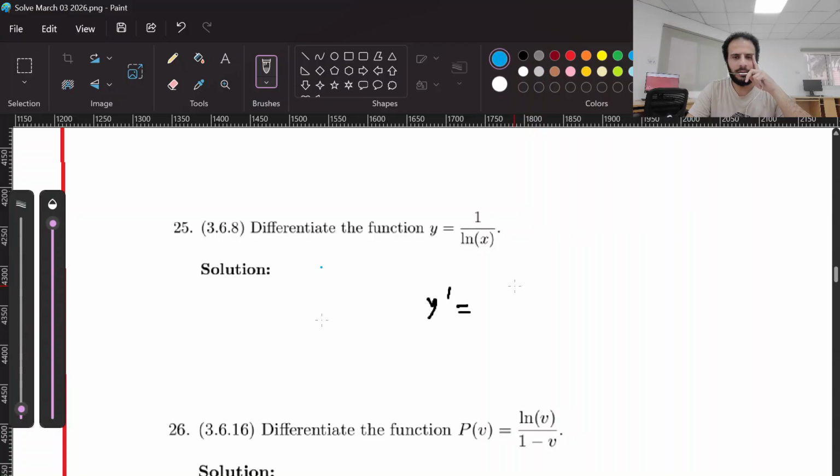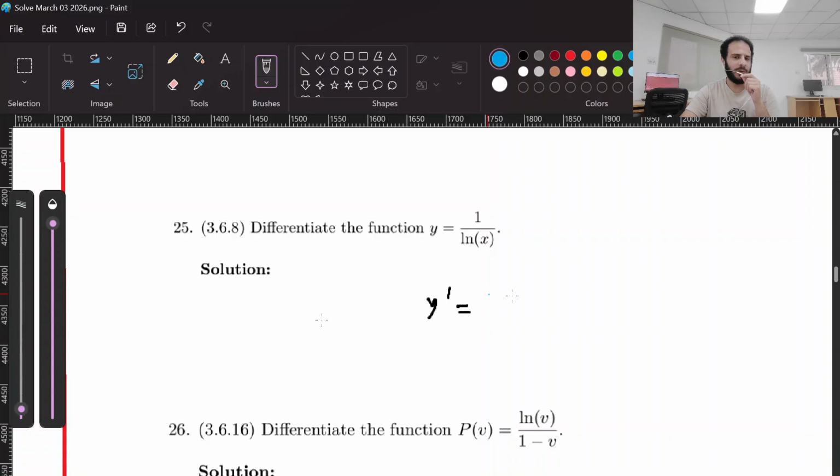I have a suggestion: let's use the chain rule for this, because I prefer the chain rule more than using the quotient rule. This is similar to 1 over x, right?